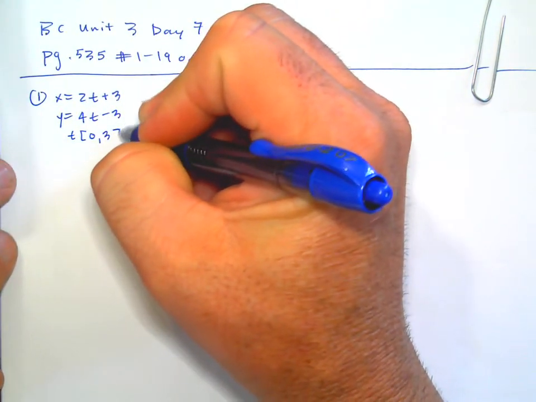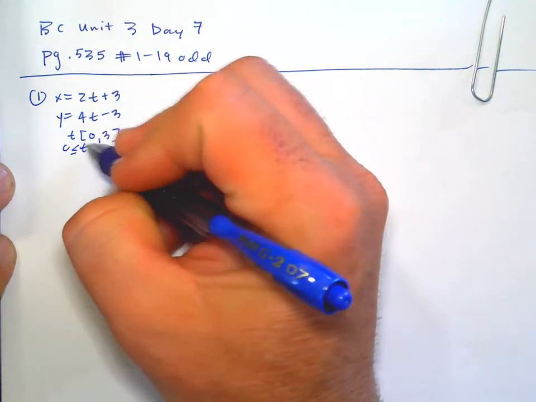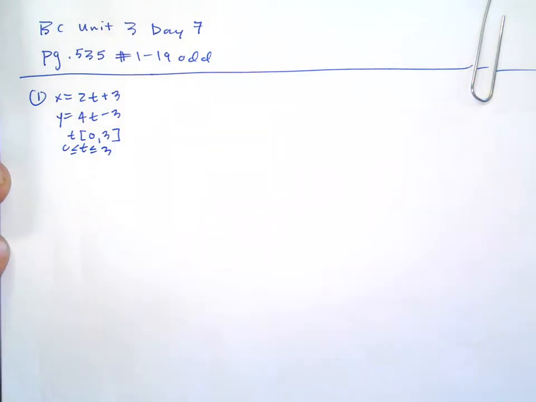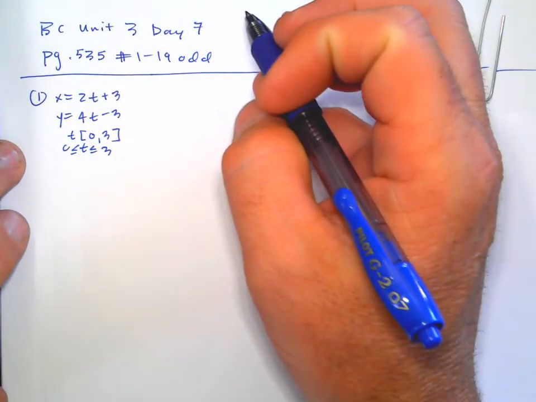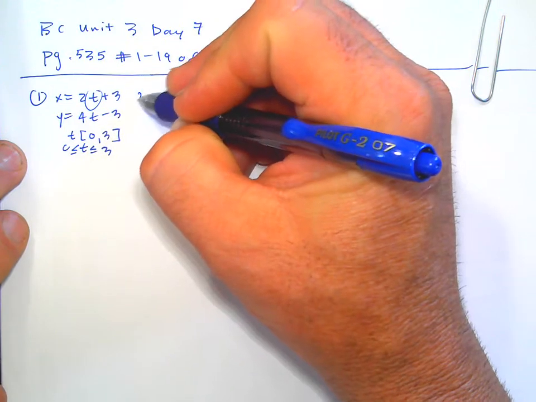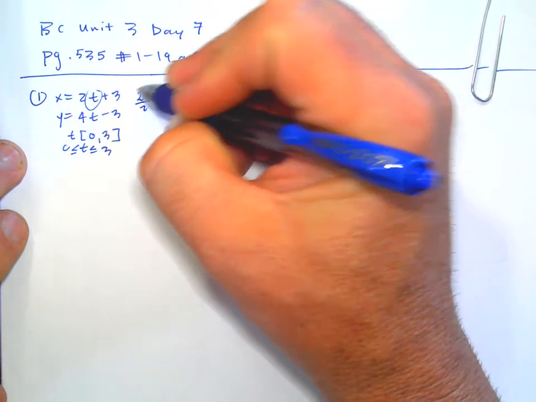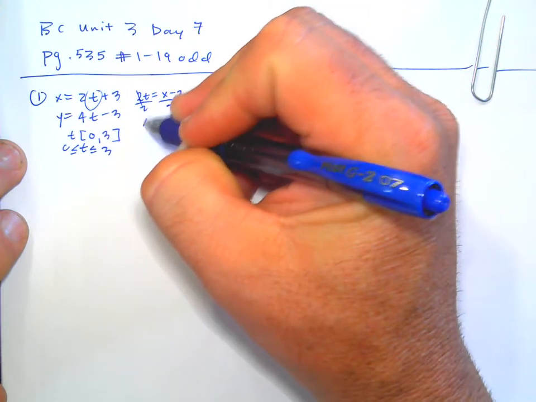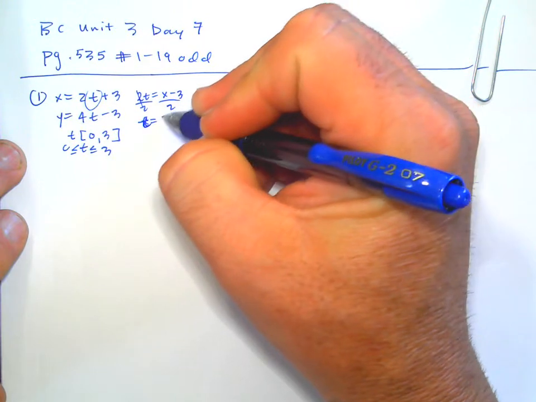Now, it's the same thing as saying that t is in [0, 3]. So let's get the Cartesian equation first. Solve for t: 2t equals x minus 3, so t equals (x minus 3) over 2.